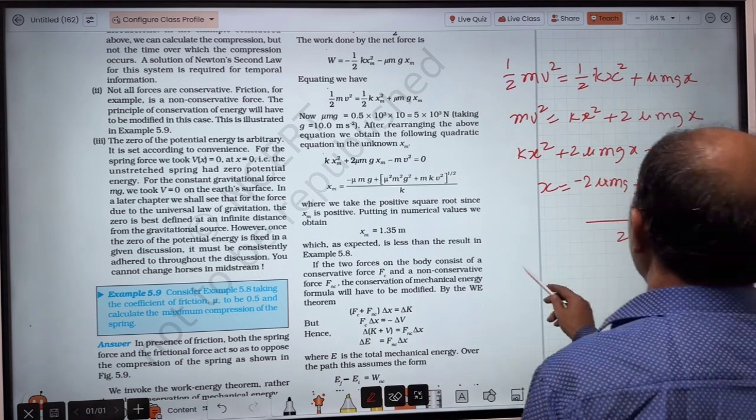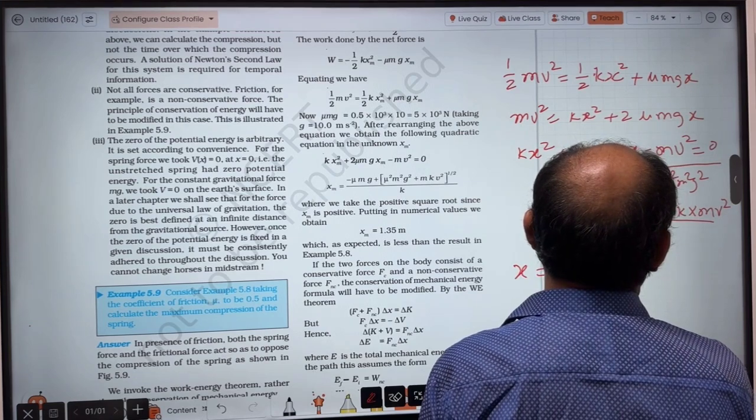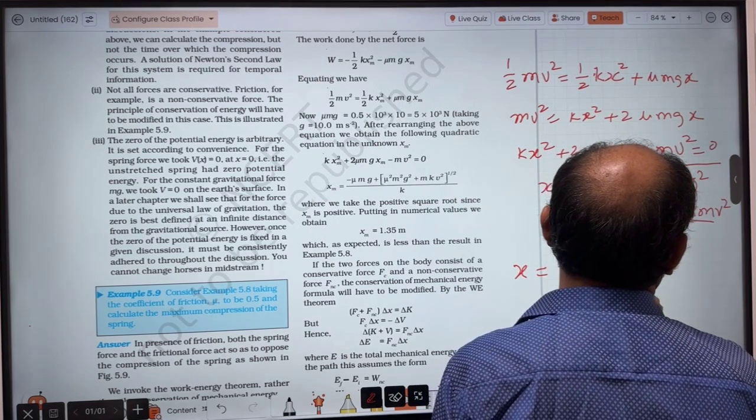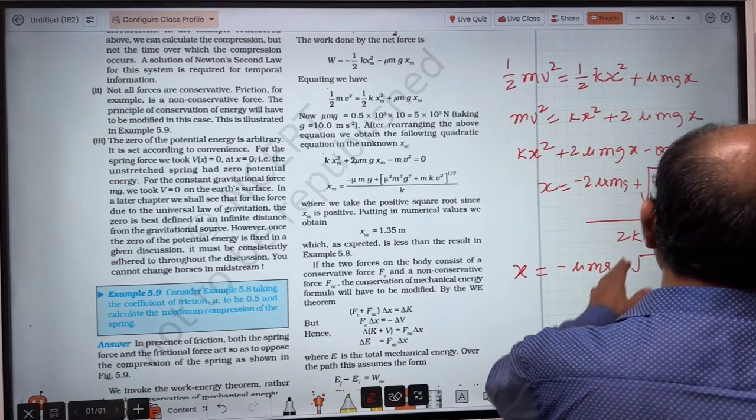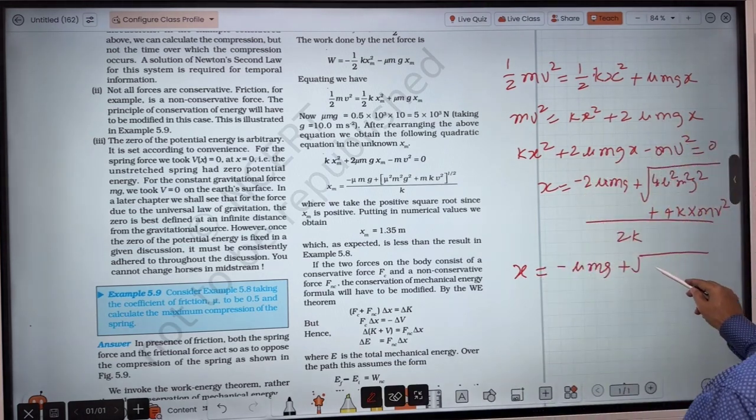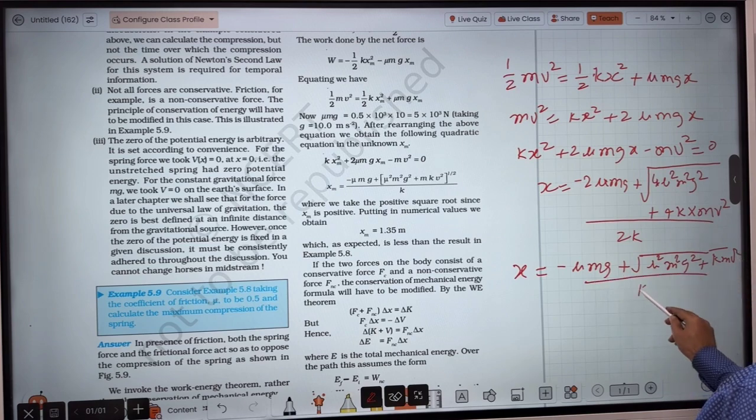So this 2 gets cancelled. So we will get x equal to minus mu mg plus root of mu square m square g square plus k mv square, divided by k.